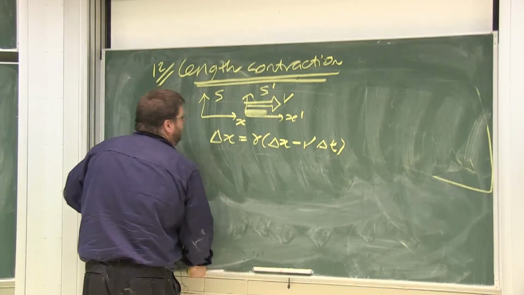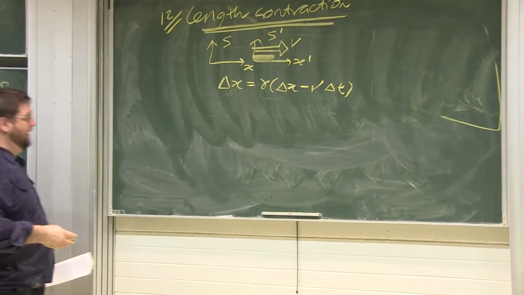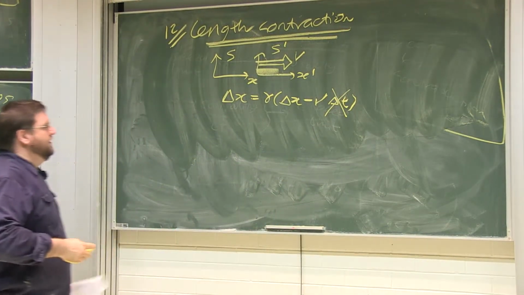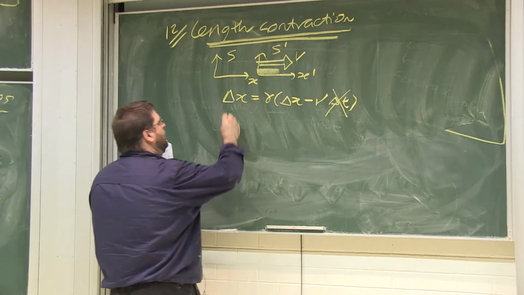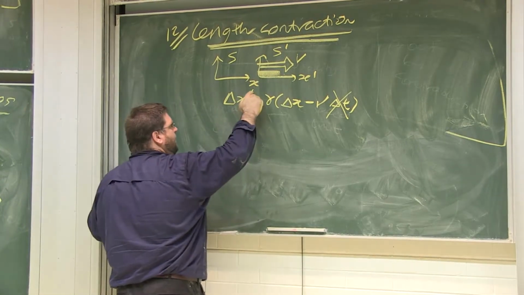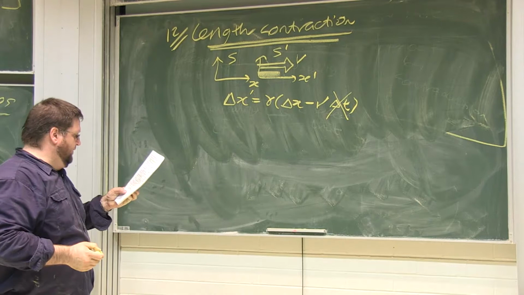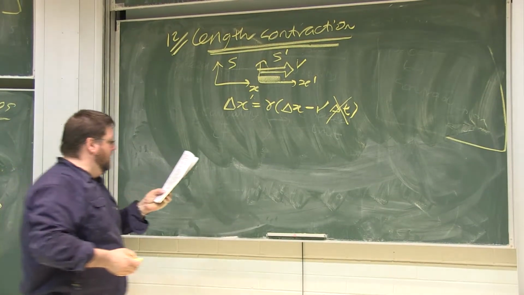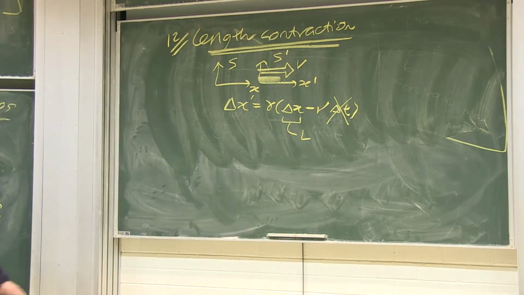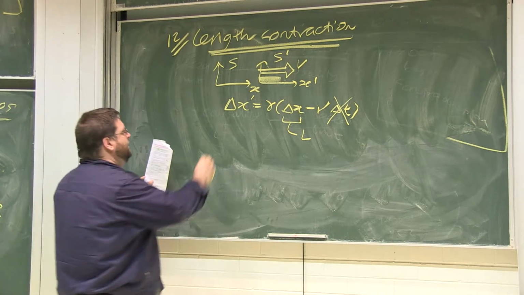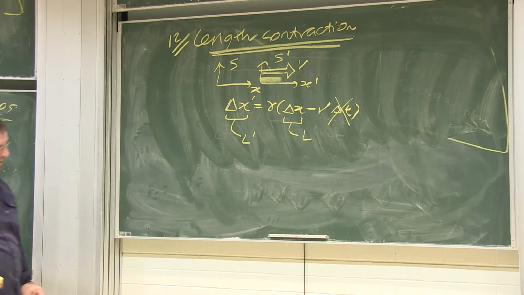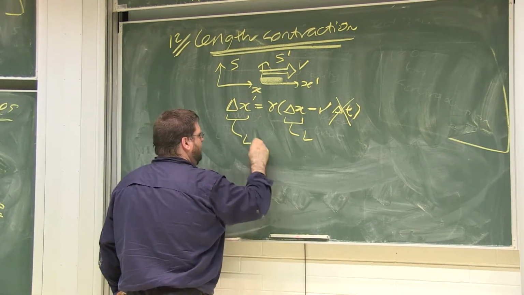So S is doing the measuring of what to her is a flying ruler, and since S measures the two ends of the ruler simultaneously, delta t would be naught. Now, I've left the prime off here. Fair enough. So we get this equation. Now, I'm going to call delta x the length L ascribed to the ruler in the unprimed frame. Delta x prime, I could call that L prime, the length ascribed to the ruler in the S prime frame. Instead, I'm going to call it L subscript naught.